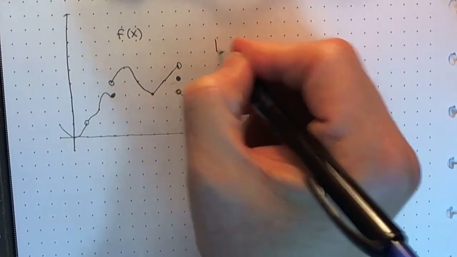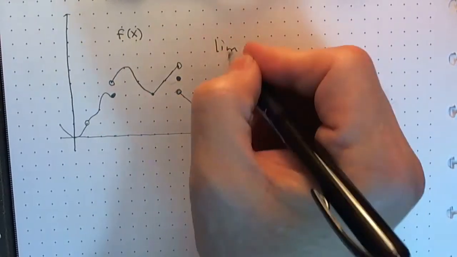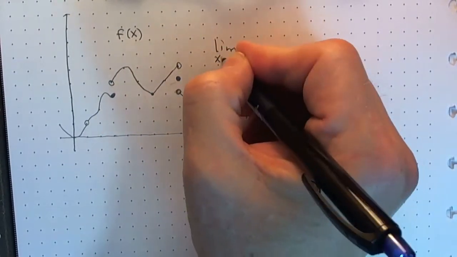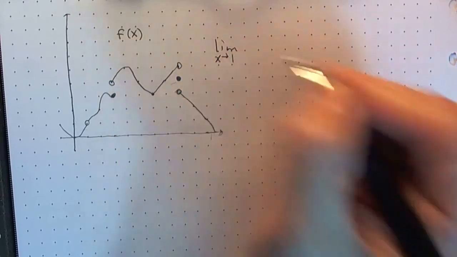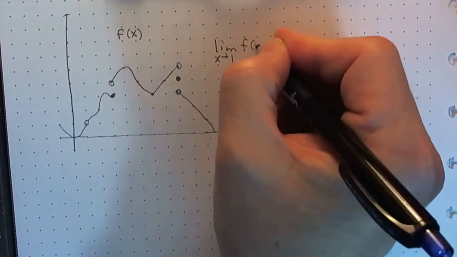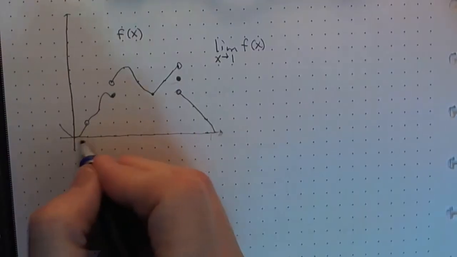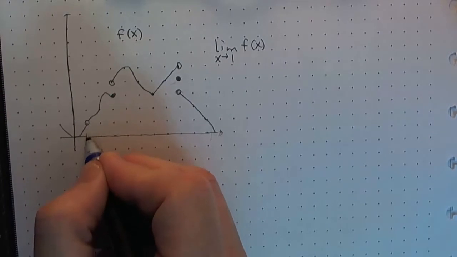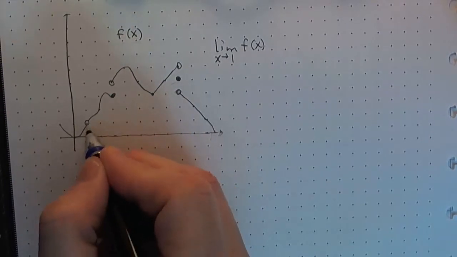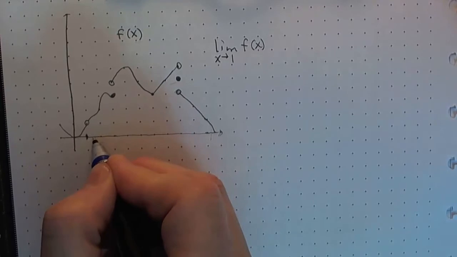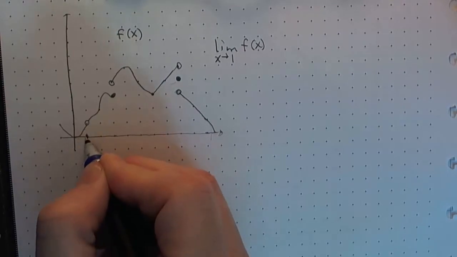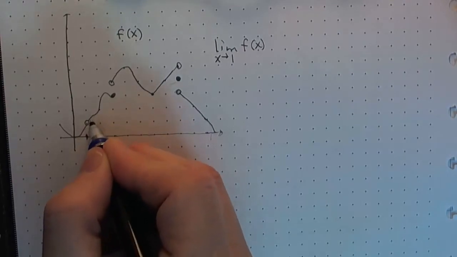But anyway, let's suppose that we want to find some limits. Let's suppose that we want to find the limit as x goes to 1 of this function, f of x. So we come over here to 1, right here. And we're asked, what is the y value as you approach from the right and as you approach from the left? What does y approach?